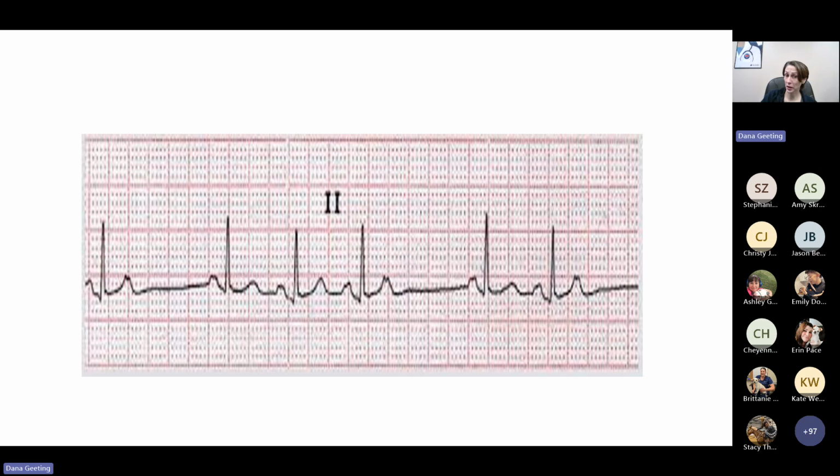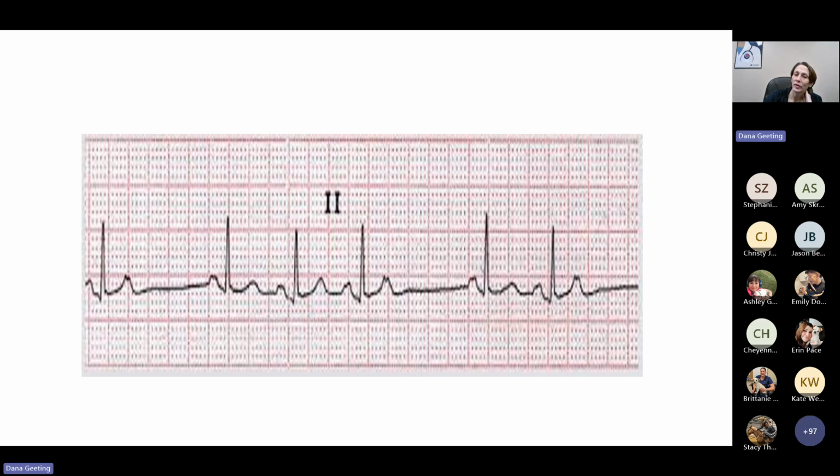Do your PR intervals look the same? Do your PRs here look the same? It is a regular, irregular heart rhythm because you have complexes that have a PQRS.